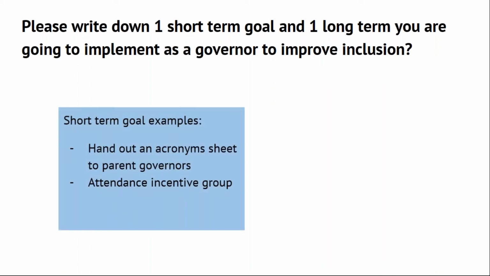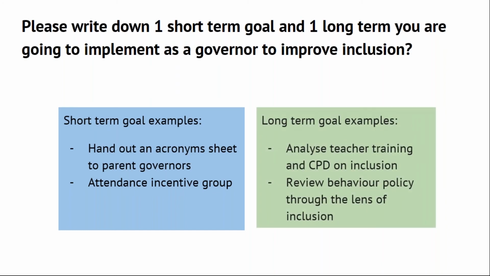So looking at short-term goals, an example would just be to hand out the acronym sheet to parent governors, or it could be having an attendance incentive group. So putting that idea forward to your senior leadership team. And then long-term goals could be more actually analysing teacher training and CPD on inclusion, or looking at inclusive language, or reviewing your behaviour policy through the lens of inclusion.